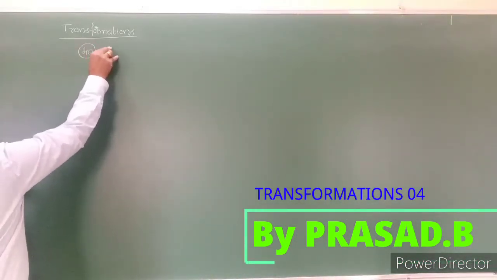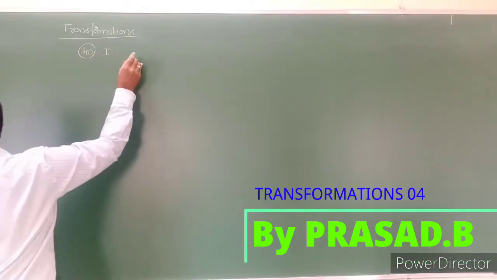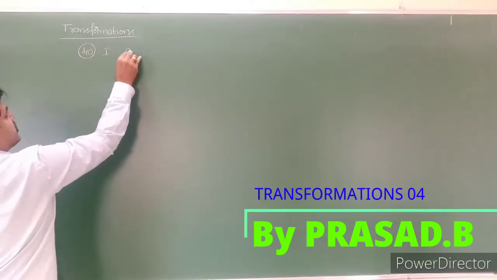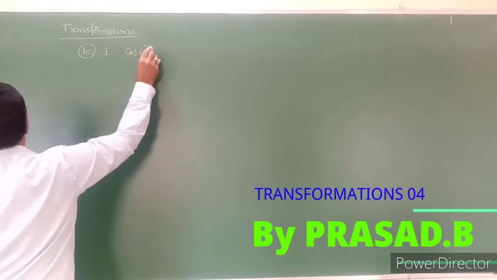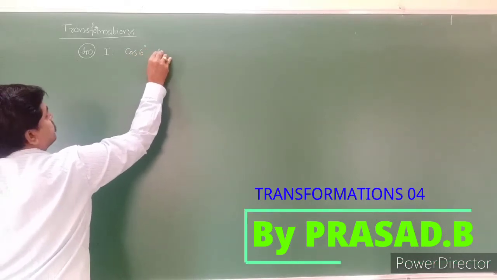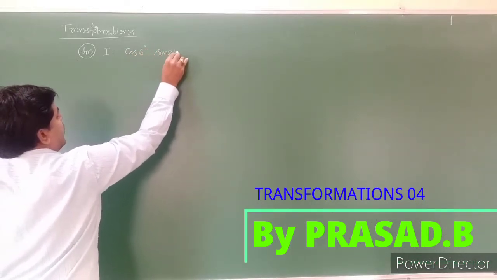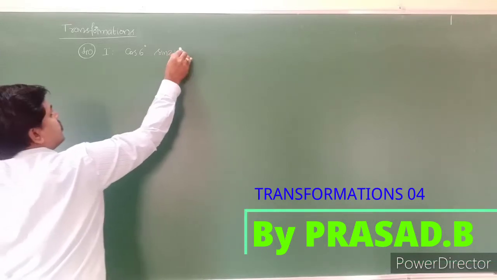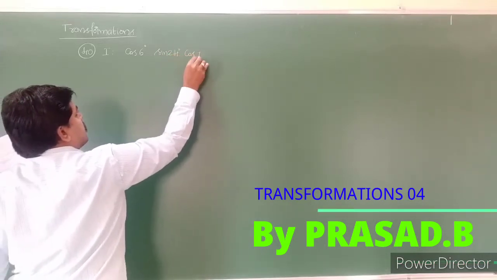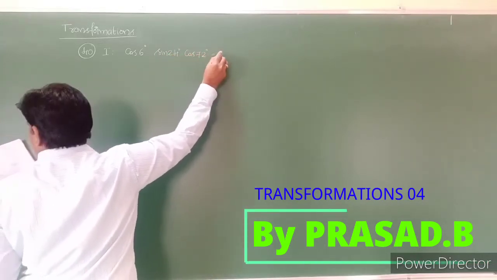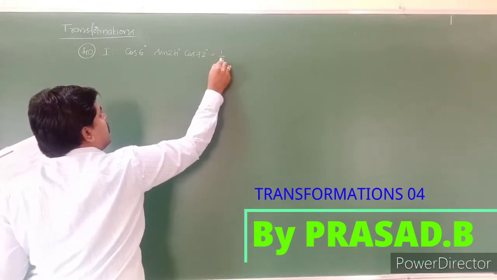So the first statement is cos 6 degrees sin 24 degrees cos 72 degrees is equal to 1 by 8.